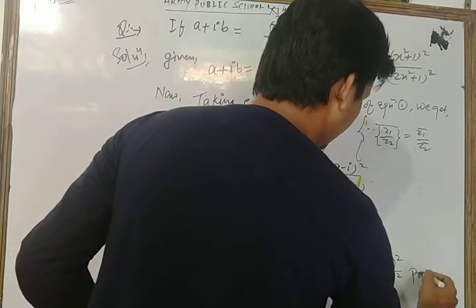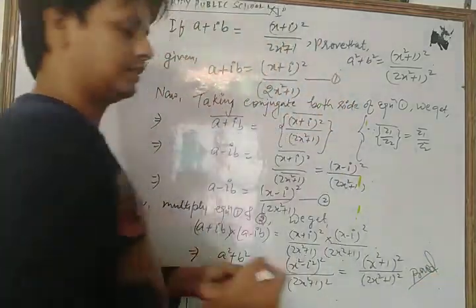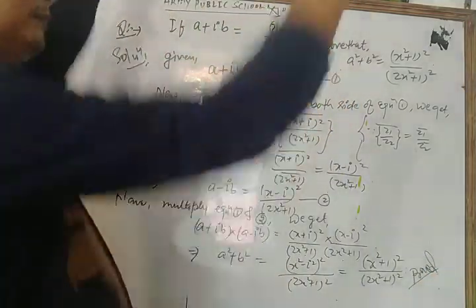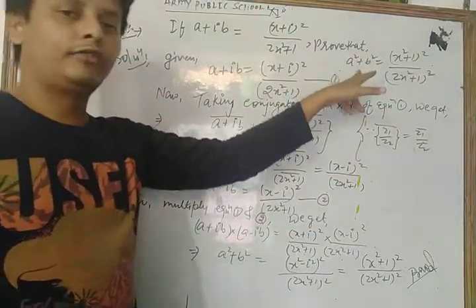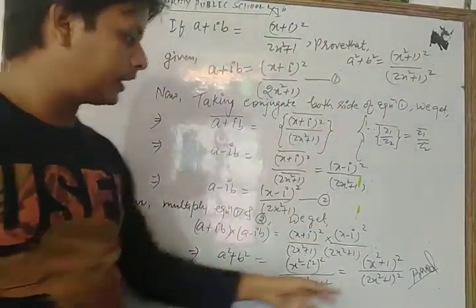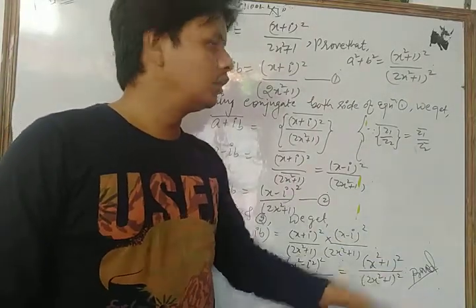Hence we prove that result. So dear students, in this way we have to show that the value of a² + b² is (x² + 1)² upon (2x² + 1)².